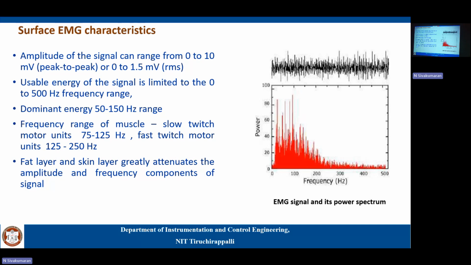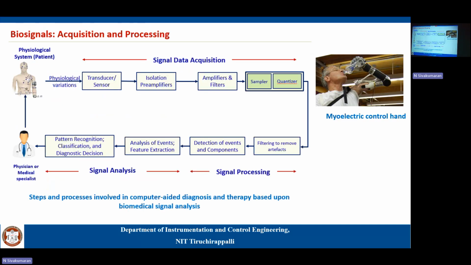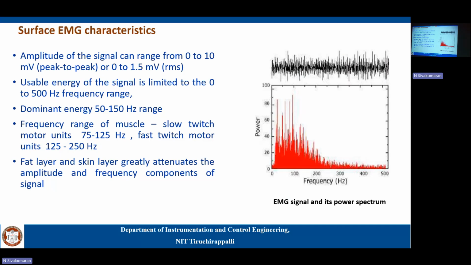So for EMG we know the amplitude and the frequency, up to 150 hertz generated by slow twitch fibers and up to 250 hertz by fast twitch. If you look at the spectrum, it will be like this. This is the EMG spectrum.